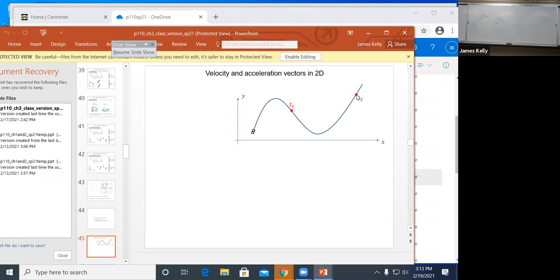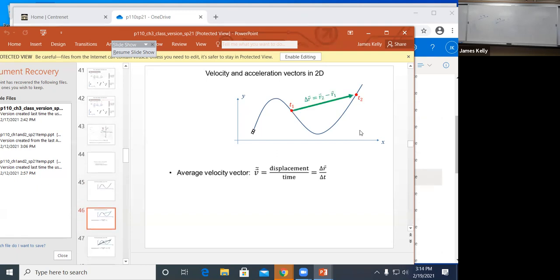At time t2, it's passing by this other dot over here. And notice it didn't go directly between them, but it wiggled around out of the way and then happened to pass that. We want to define the average velocity vector, not because anybody cares about the average velocity, but it's a stepping stone to the instantaneous velocity, which is really what we want to get at.